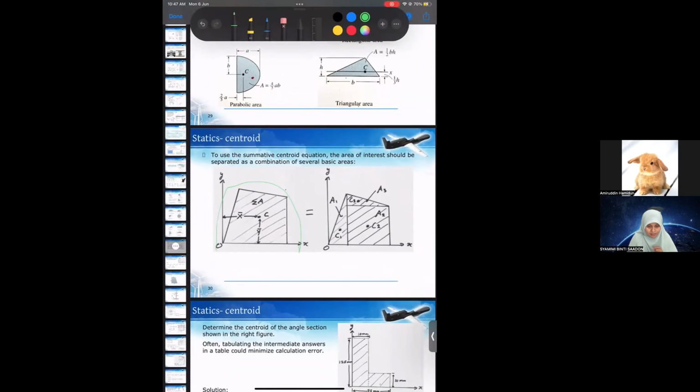In order to calculate the centroid of this material, we can divide it into separate areas, which is easier for calculating the centroid. So we divide it into a triangle like this, a square like this, and also a triangle like this.